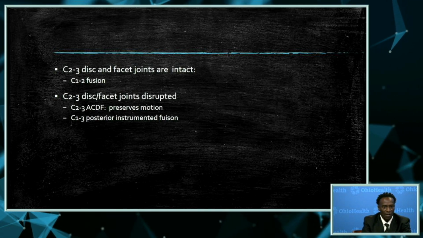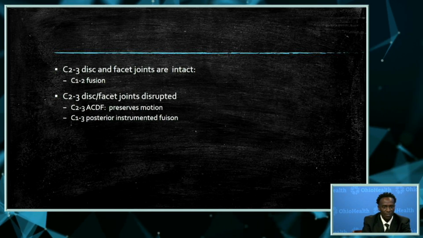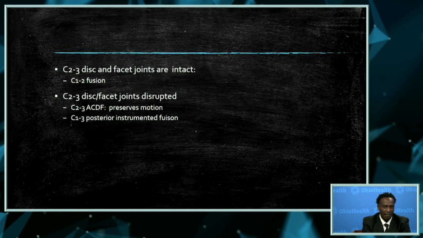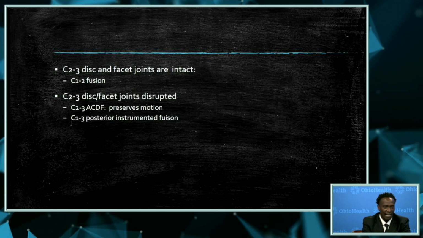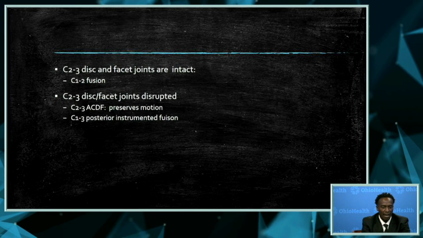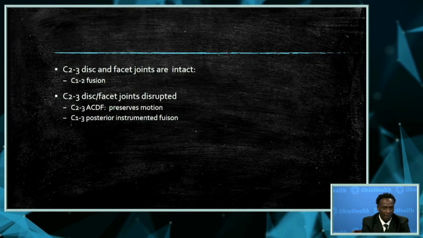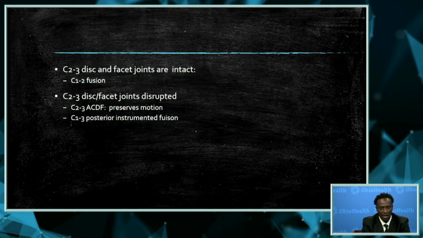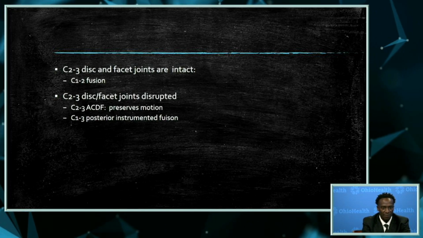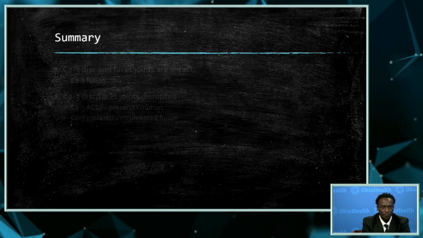And you can also do a C1 to 3 posterior instrumented fusion. Now, if the C2-3 disc is intact, then you can do a C1, C2 fusion. But if that disc is disrupted, I would say probably the best procedure for this would be an ACDF, as you will preserve a significant amount of motion.